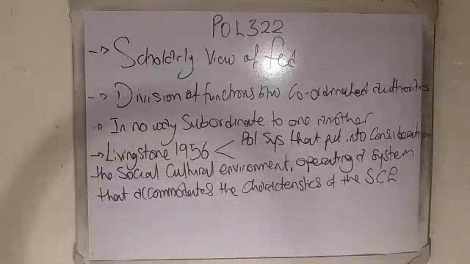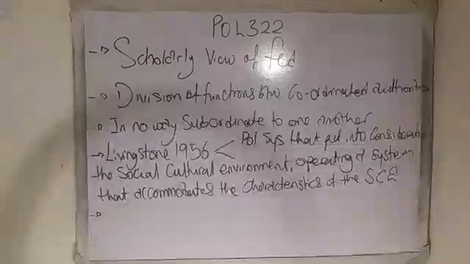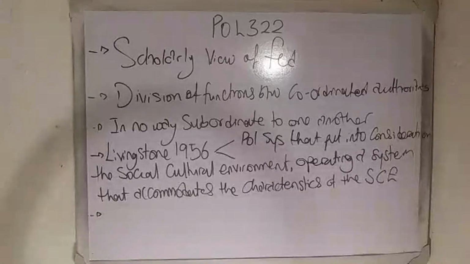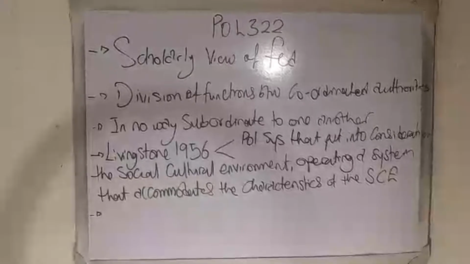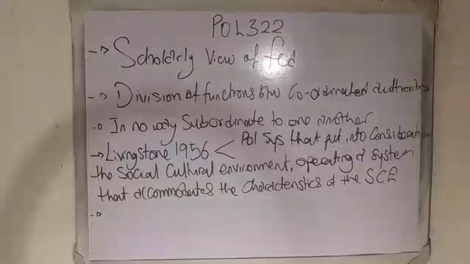Let's consider some other scholars' definitions as well. Basically this is self-explanatory enough. According to what Livingstone is saying, it's a political system, and this system puts into consideration that it does not just assume that everybody is on the same side.